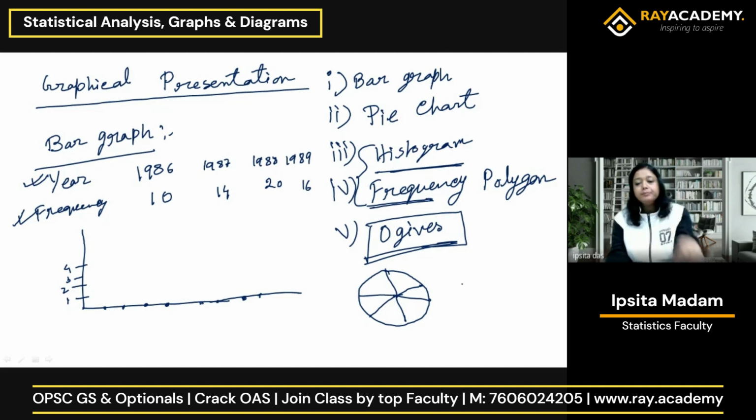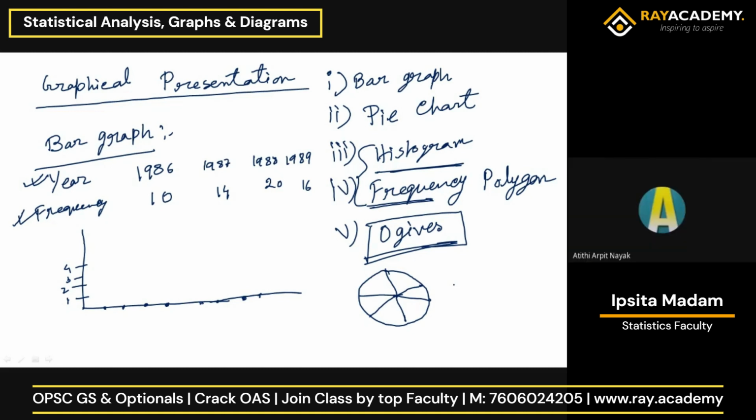And the histogram. Histogram is mainly for data of a continuous series. It is like a bar diagram, but it is used for continuous series.